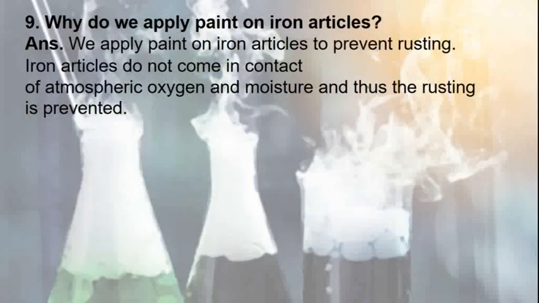Why do we apply paint on our iron articles? This is also a very good question for understanding corrosion. We apply paint on iron articles to prevent them from rusting. So what is rusting? Rusting is nothing but the oxide layer which is formed on iron, that is hydrated ferric oxide.